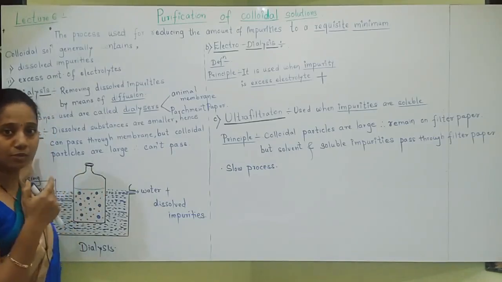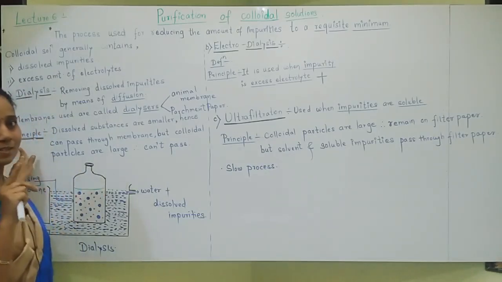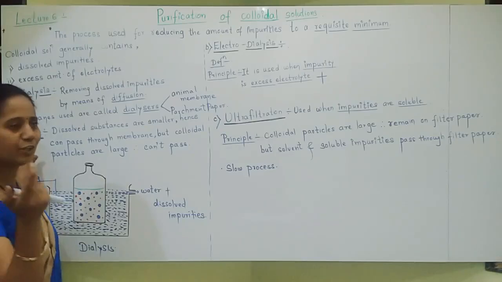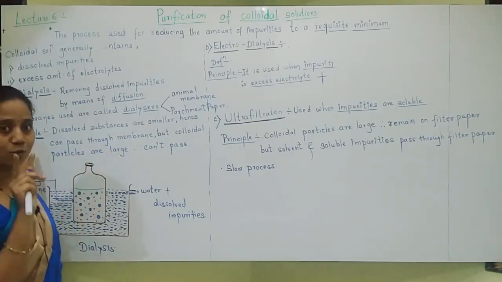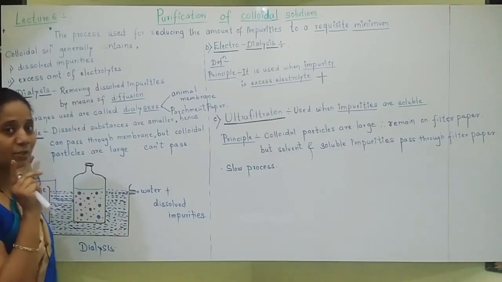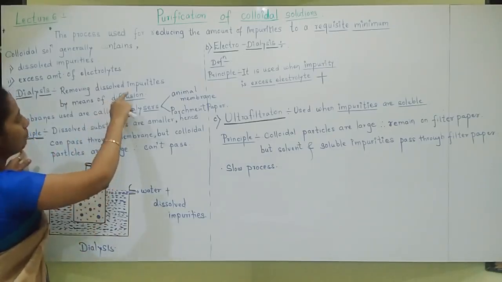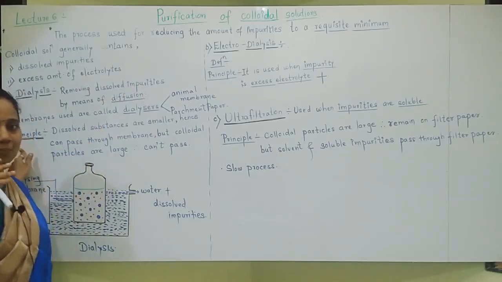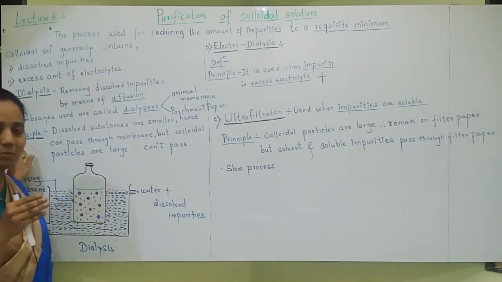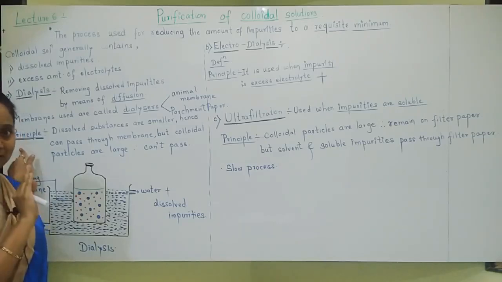Now, who will diffuse out? Whoever's size is small will diffuse out. Just now I told you that colloidal particles do not diffuse through animal membrane. So dissolved impurities will diffuse out through the animal membrane and colloidal particles do not.